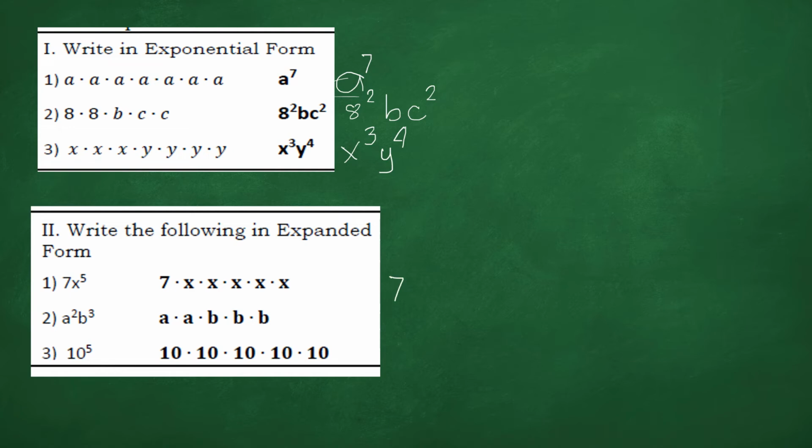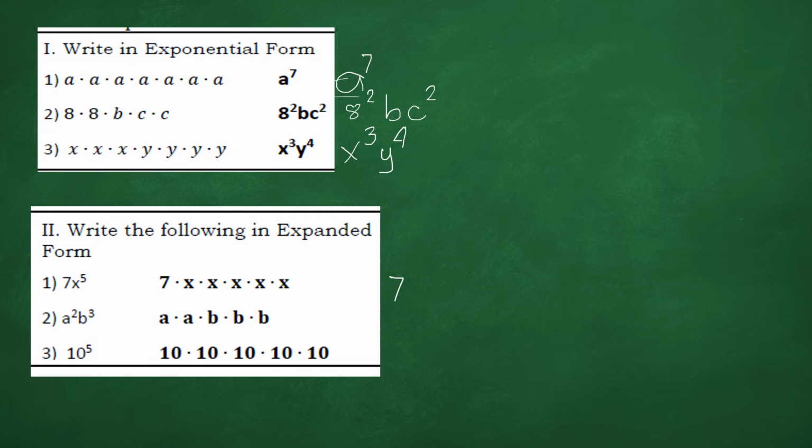Since ang exponent ni 7 ay 1, which is an invisible exponent, isang beses lang natin isusulat si 7 or gagamitin si 7 as a base. Then, multiply. Always remember, when we are expanding the exponential form, we're going to write only the multiplication process, okay?